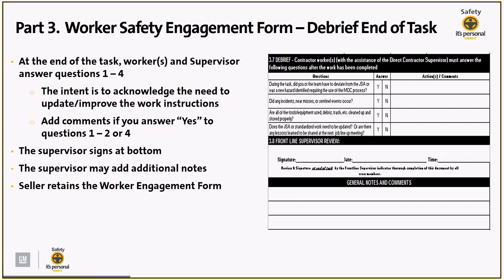The intent is to acknowledge the need to update or improve the work instructions. If they answer yes to anything, they should have comments in. If they answer yes to questions 1, 2, or 4, the expectation is that the supervisor would sign the bottom of the worker engagement form. The supervisor may add additional notes if they would like to, and the seller retains the worker engagement form.